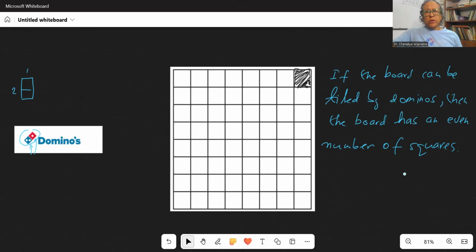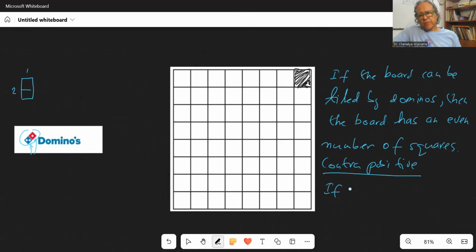So if you look at the contrapositive of this if-then statement, what is the contrapositive?